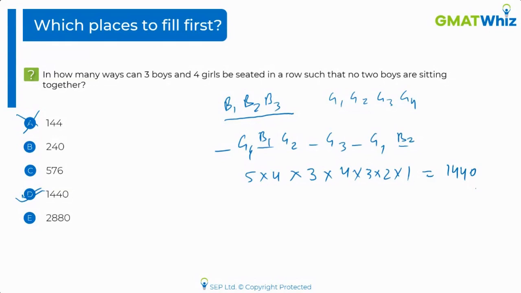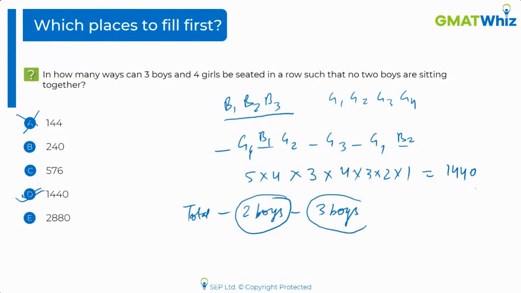What Virat has told about is I can find total arrangements and then subtract the arrangements in which two boys sit together, and then subtract the arrangements in which three boys sit together, and I can find the answer. But this is going to be tricky because when two boys are sitting together, it also includes some cases in which three boys are sitting together.